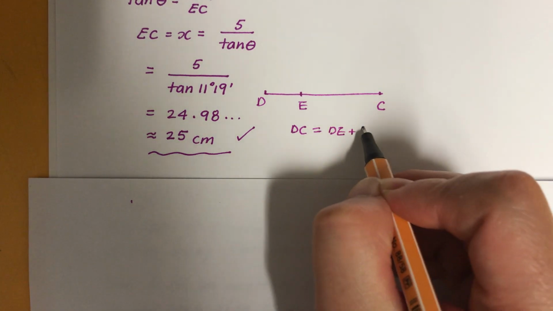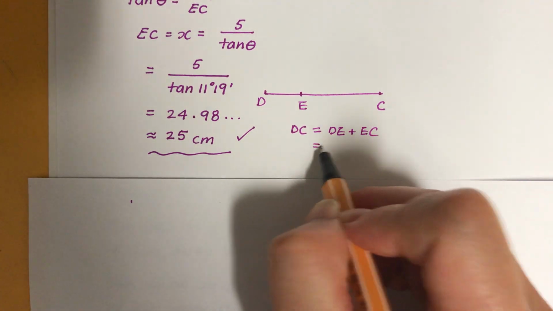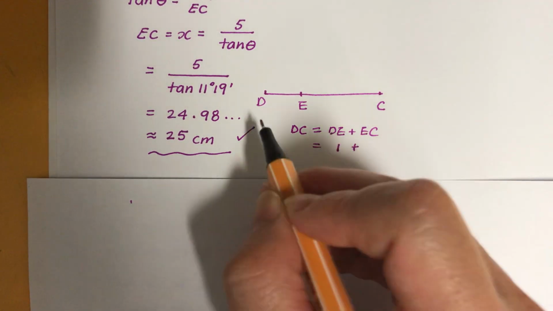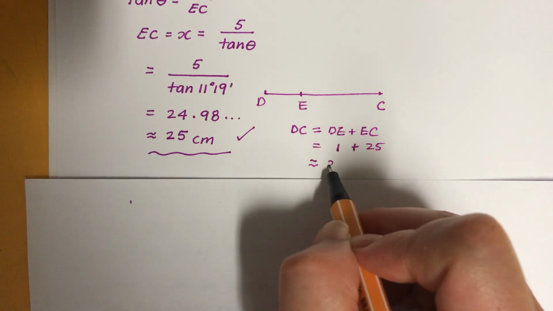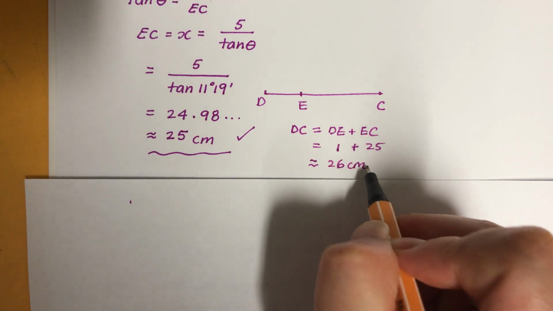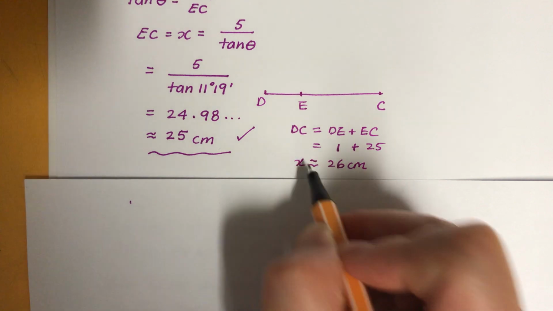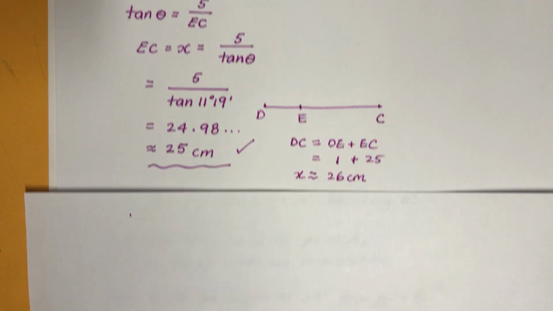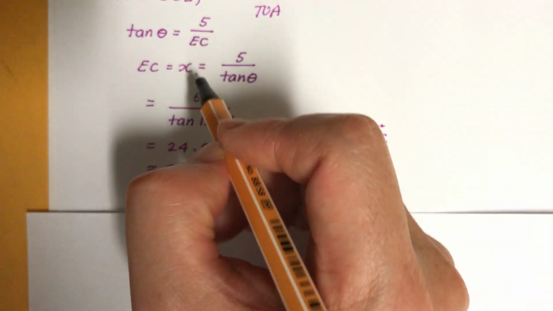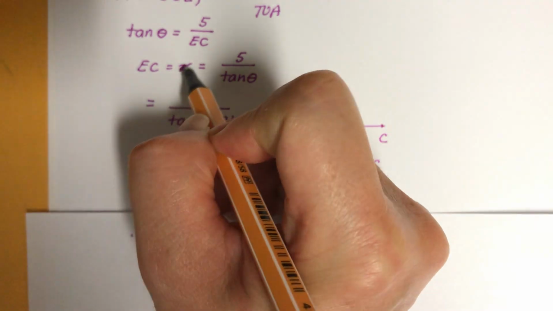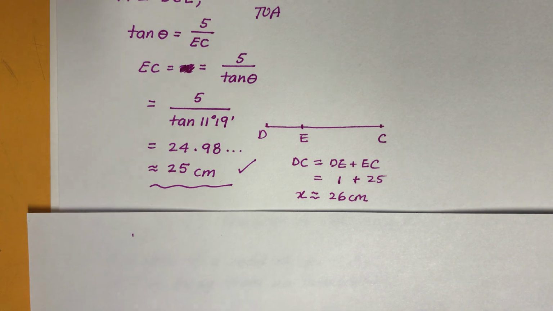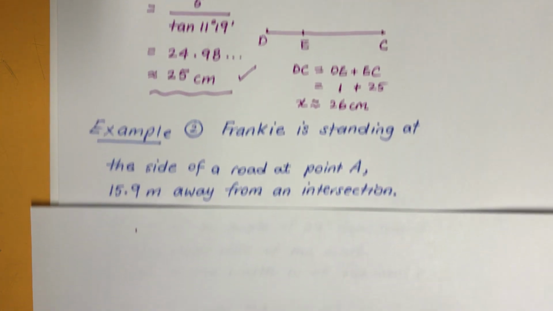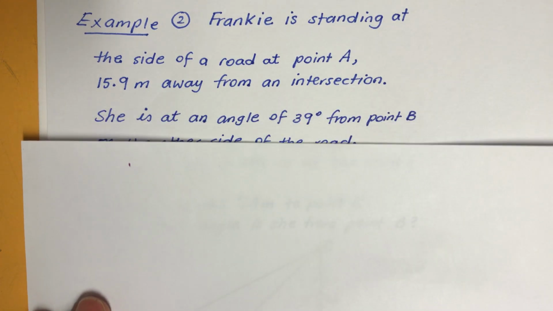DE plus EC. DE was 1 plus EC is what? 25. So it'll be roughly 26 centimeters. That's my length. So EC, I'm not going to call EC X, because that was my length. Okay, good.